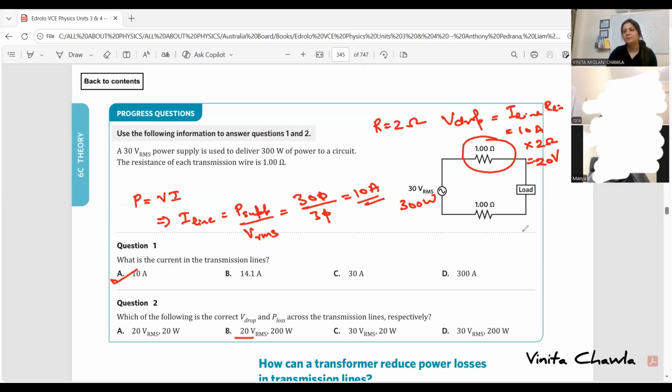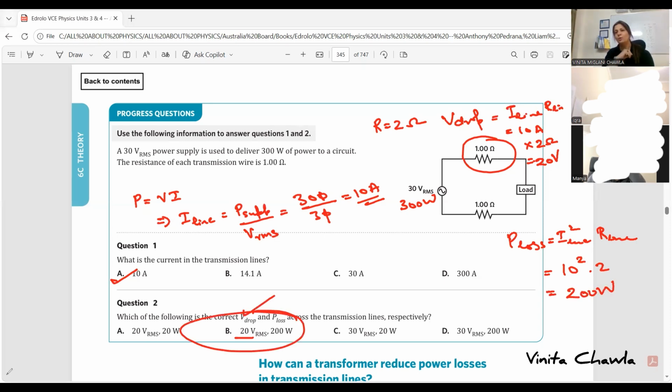And power loss? Power loss is I line square R line. And I is 10 ampere, so 10 square into resistance of the transmission line, 2, so it's 200 watt. So this is the correct option.